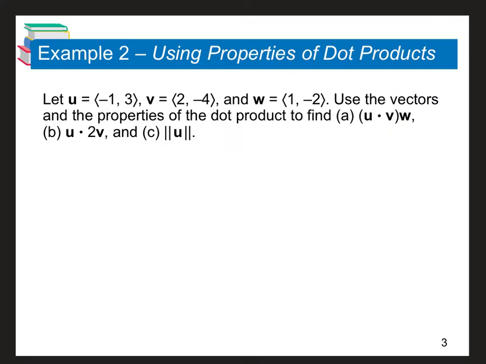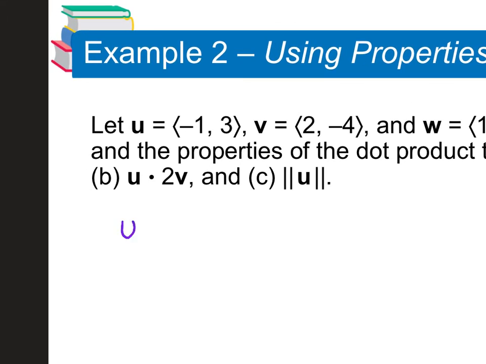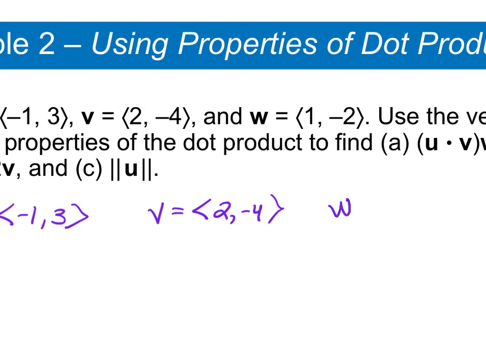Oh my gosh, this problem's so hard. It's really not, guys. The biggest thing is you have to pay attention. If I were you, I would write out U is -1, 3. Then I would say V is 2, -4. And I would say W is 1, -2.